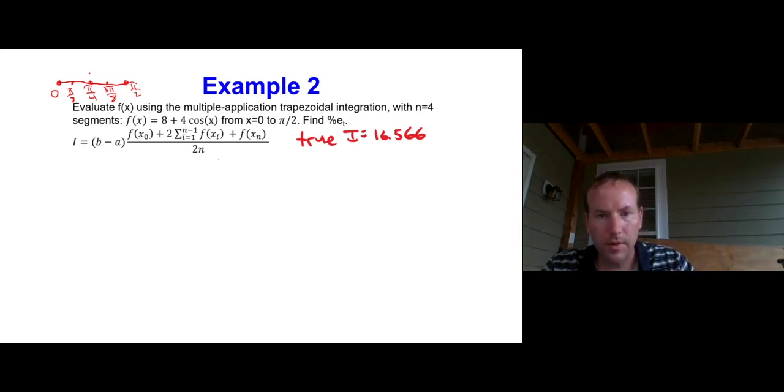And if we use this equation here, let me specify that x0 is at 0, and xn is going to be at pi over 2. Okay, and if we use this equation, we'll see that b minus a is pi over 2 minus 0, over 2n, where n equals 4.